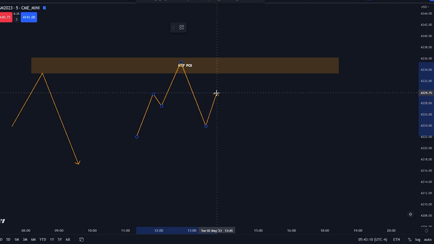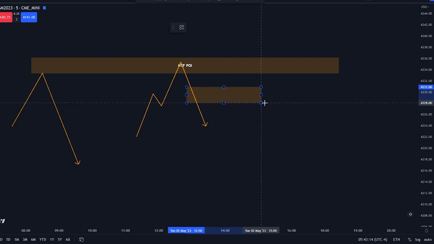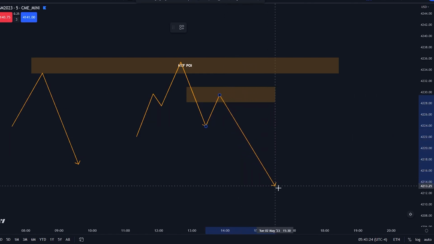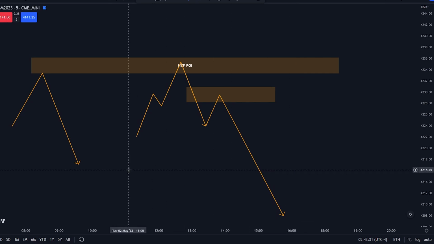Then we want to see a fair value gap to be formed while breaking our market structure. And we want to enter on this fair value gap and target another point of interest, which can be a low or the fair value gap or order blocks, anything. So as you can see, it is very simple.